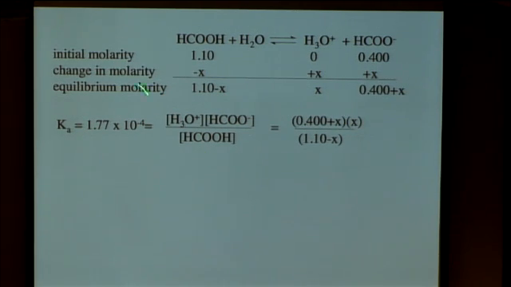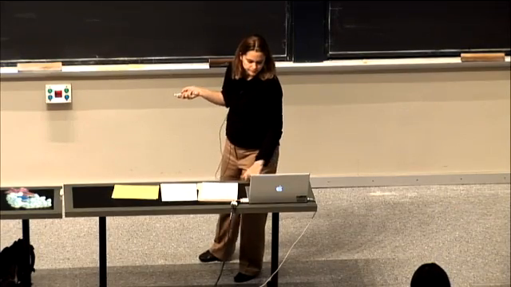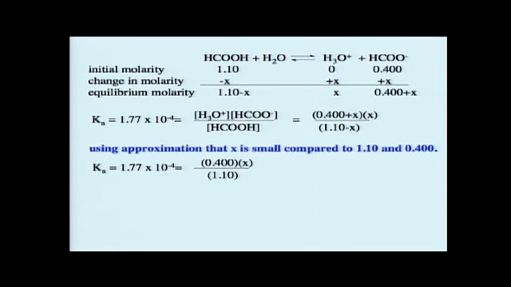So here we can set up the Ka again and do the same problem that we did before. And so we can make the assumption again that x is small, try it out and see if it works. X turns out to be 4.87 times 10 to the minus 4 molar.